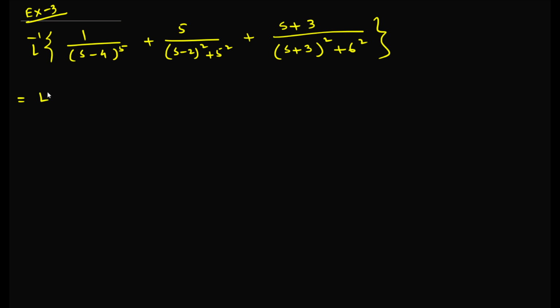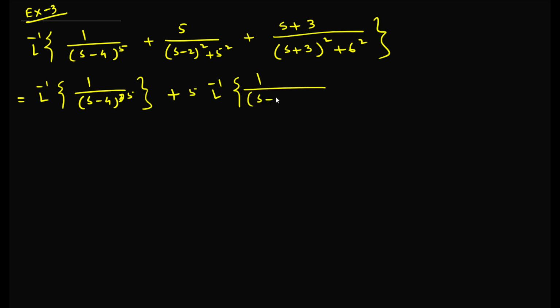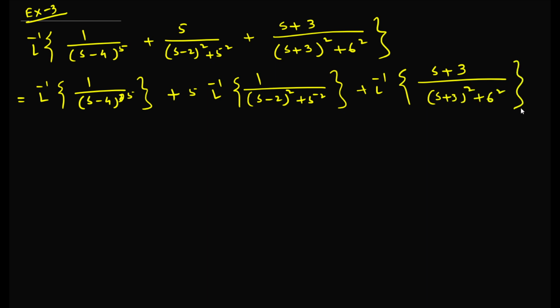So you have to practice some more problems. So first let us write them separately. It's 5, then 5 is constant, L inverse 1 divided by s minus 2 whole square plus 5 square, and then finally L inverse s plus 3 divided by s plus 3 whole square plus 6 square.